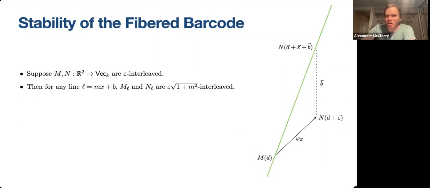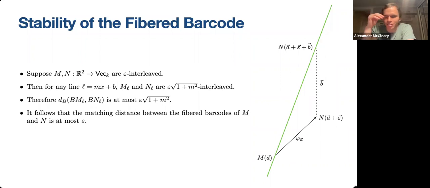And so that's why dividing by that weight is important. It's important to get stability. But now that we have this, we can just apply the bottleneck stability theorem and get that the bottleneck distance between the two sliced barcodes is going to be at most epsilon times the square root of 1 plus M squared.